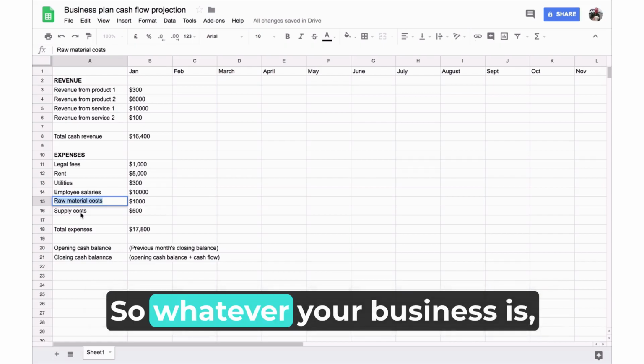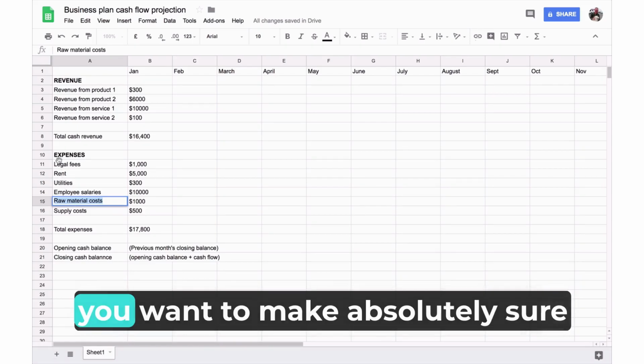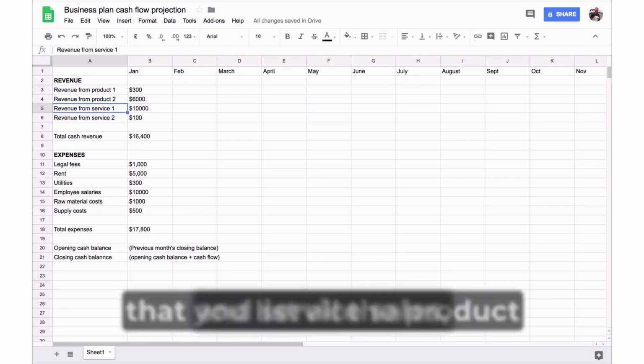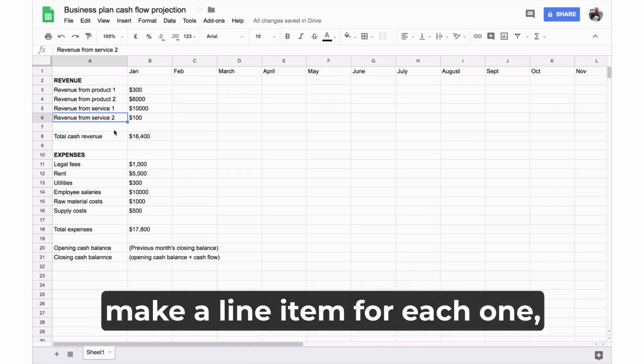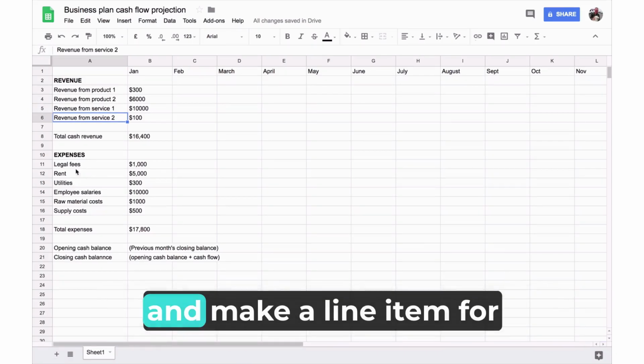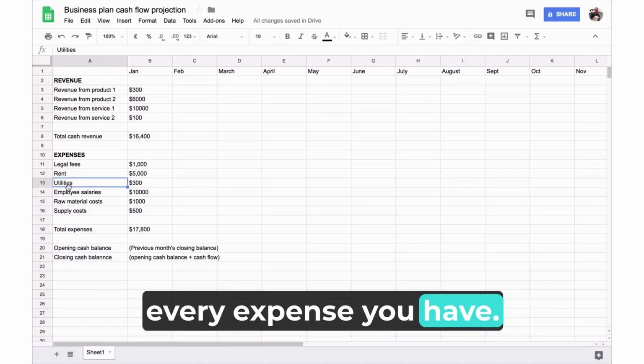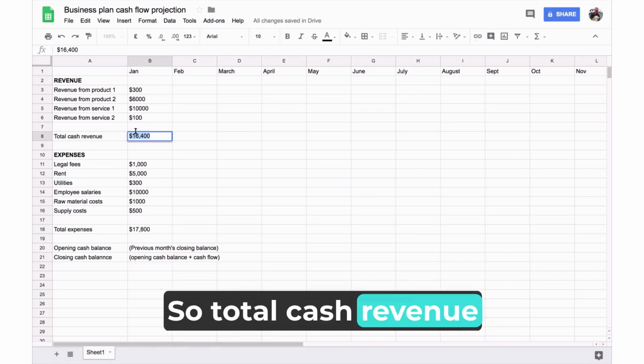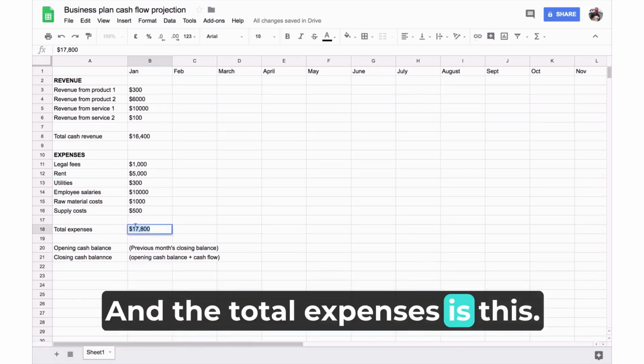So whatever your business is, you want to make absolutely sure that you list all the product and service sales, make a line item for each one, and make a line item for every expense you have. And then you want to add them up, you see. So total cash revenue here is this, and the total expenses is this.